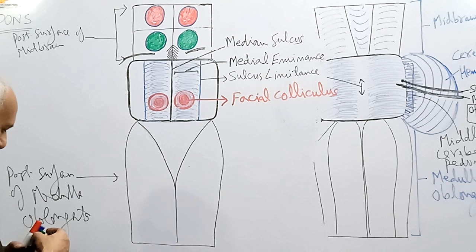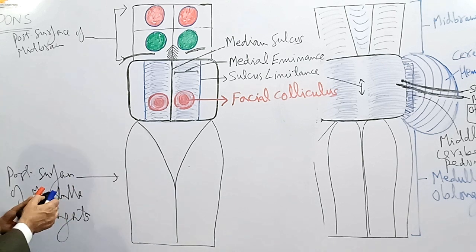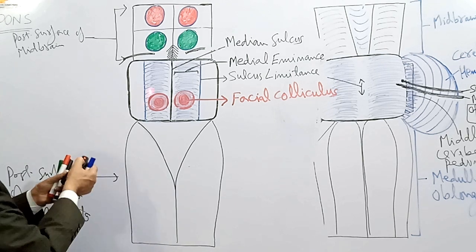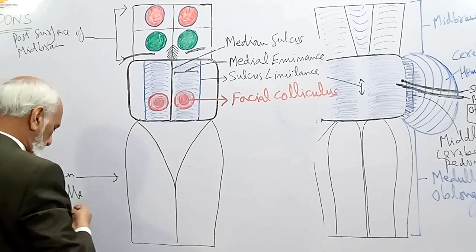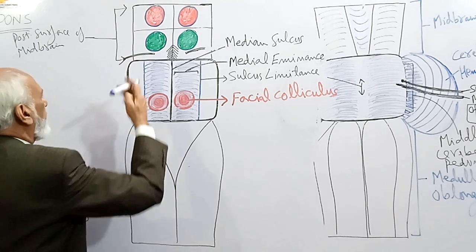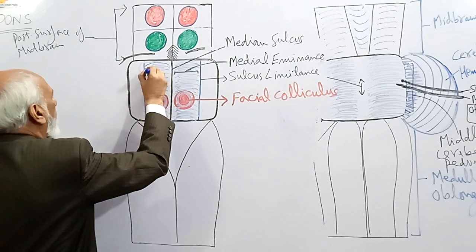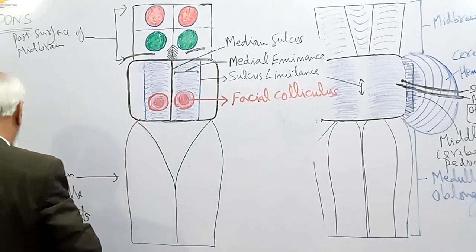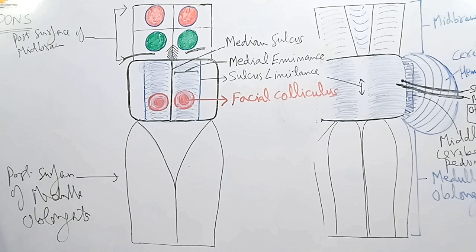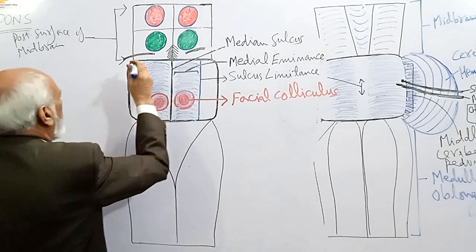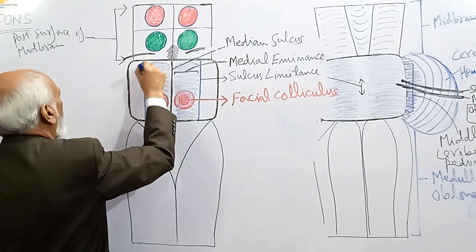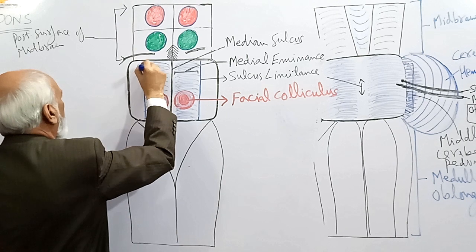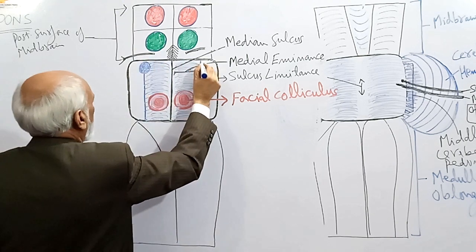Now, at the upper end of the sulcus limitans, there is a small bluish area, just an area, not elevation.